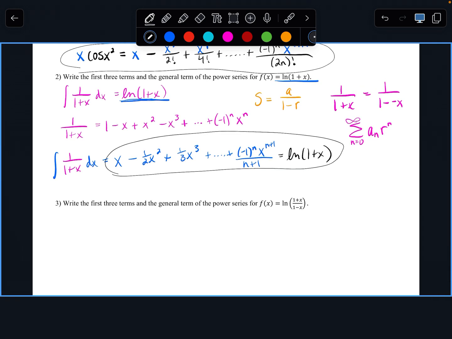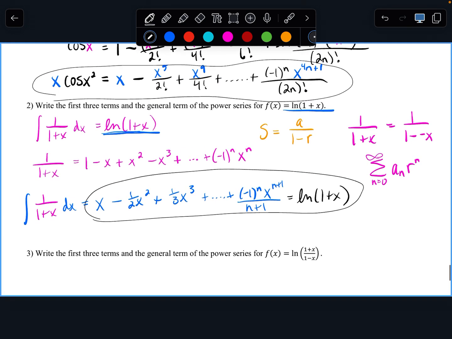On the AP test, since you made us memorize the actual Maclaurins for ln 1 plus x, do we have to do all that extra work, or could we just go straight to the first 3 terms? I'm not positive. I would have to get back to you, because I think it's only 1 or 2 points maybe.